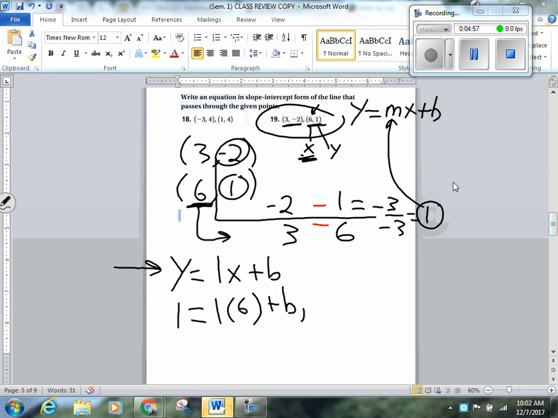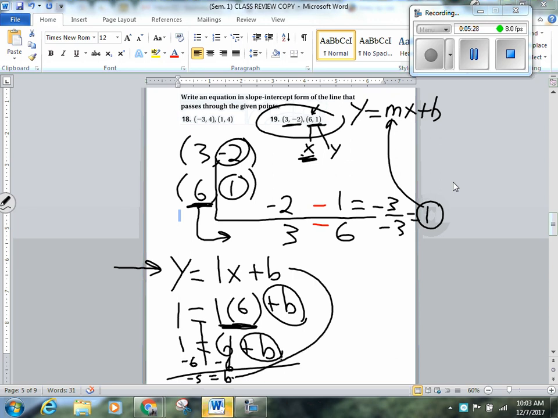Now I solve. Again, I want to circle that, draw my wall, solve for b. 1 equals, a number next to parentheses always means multiply. That equals 6 plus b. Get b by itself, which means I subtract 6 from both sides. And 1 minus 6 is negative 5. Those cancel, and I get b equals negative 5. What do I do with that number?